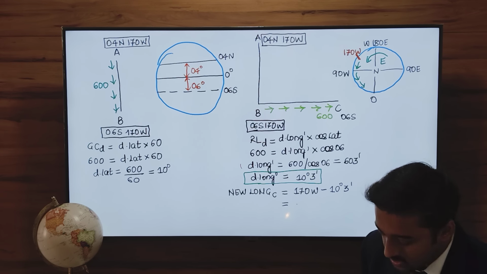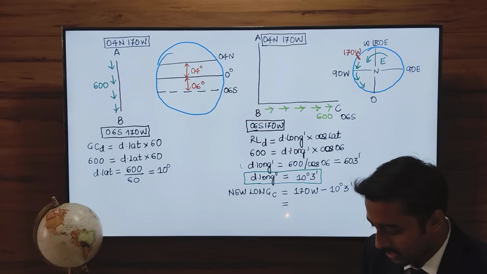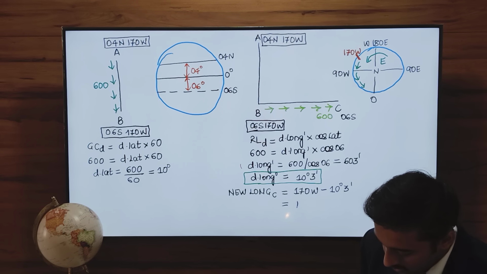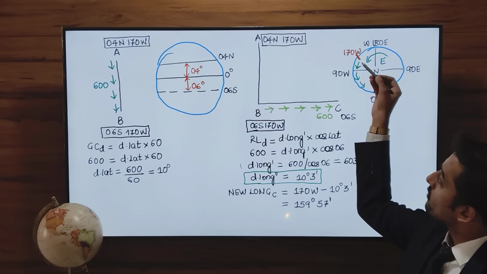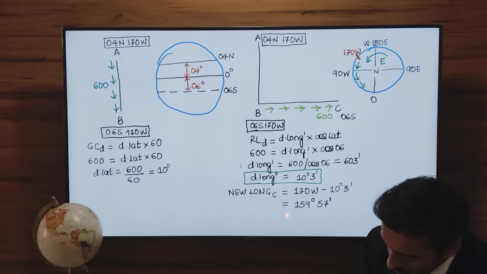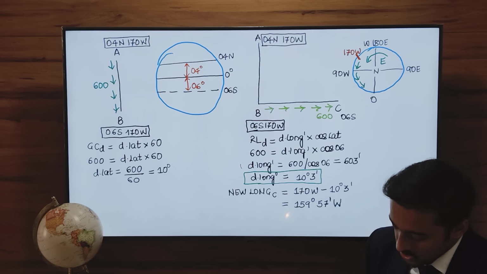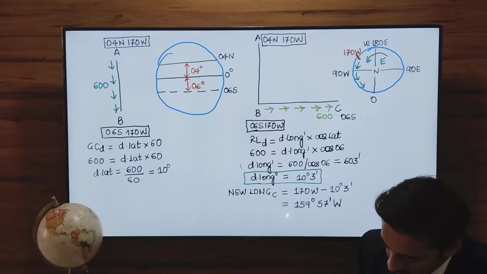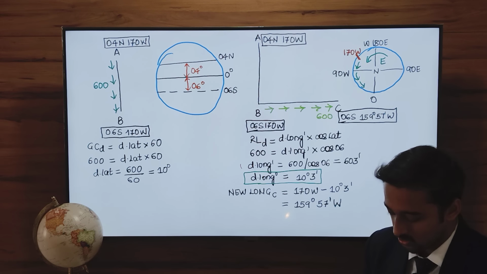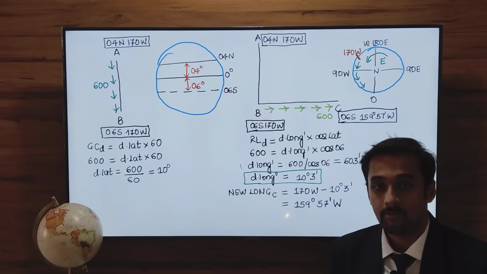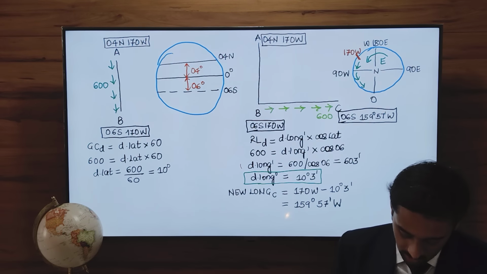So 170 degree minus 10 degree 3 minutes is 159 degree 57 minutes. And we are in the same hemisphere, western hemisphere. So the longitude of Charlie is 159 degree 57 minutes west, approximately 160 degree west. Okay, approximately. So this is the second part of the question.